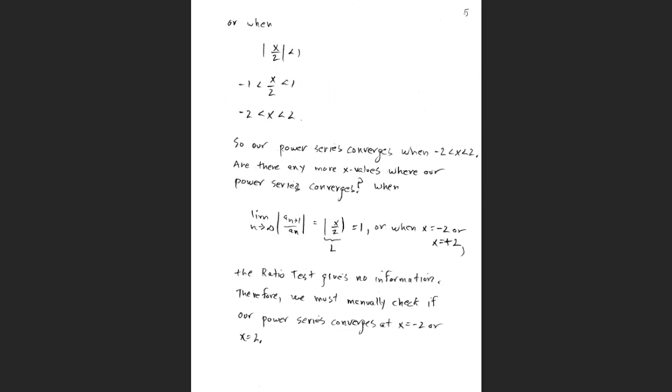So we have x over 2 is less than 1, greater than -1. And I can multiply, sorry, hold on. I don't like my symbols getting too close.